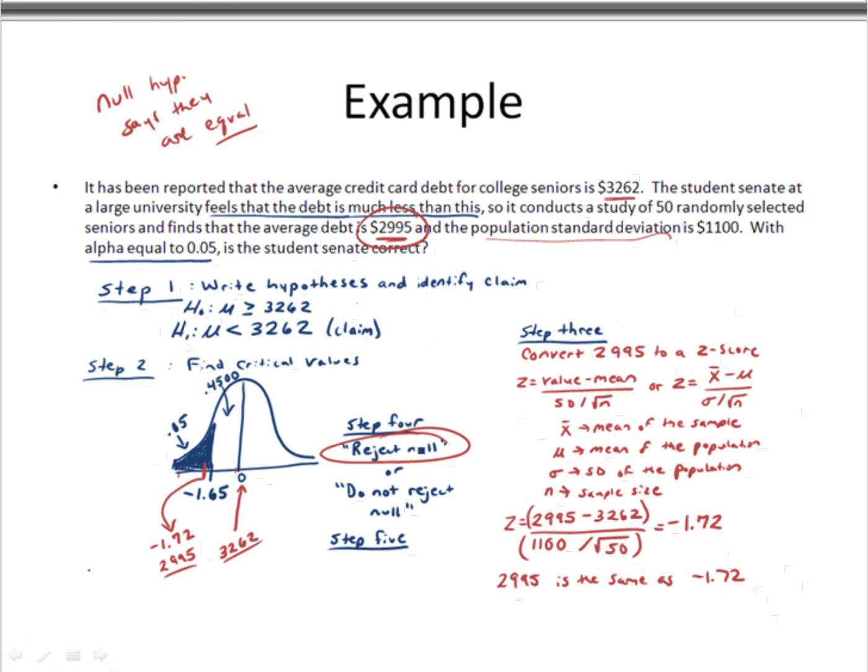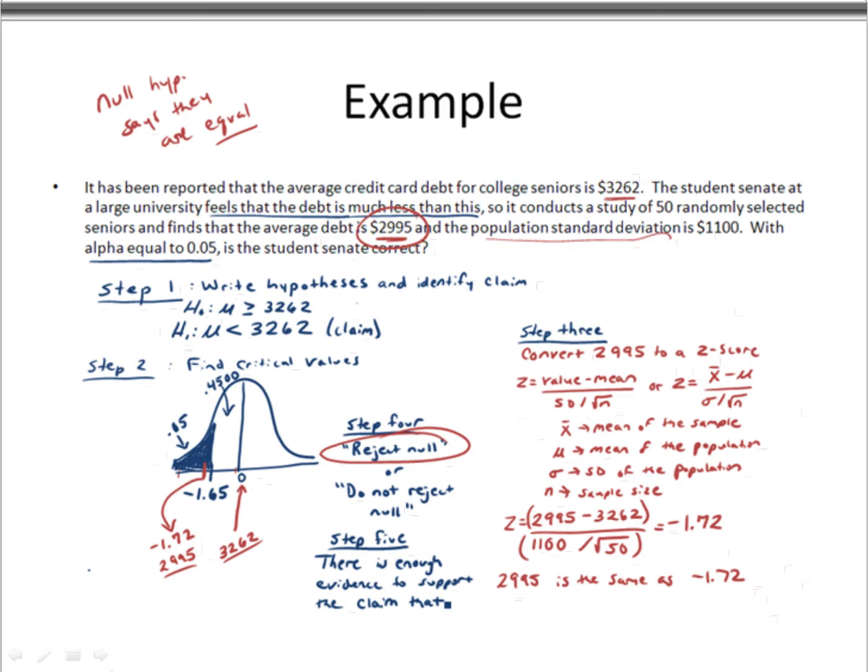We said reject the null, which is going to push us into the bottom left box. And if you look in that box, it should say there is enough evidence to support the claim. And so I'm going to write that down. There is enough evidence to support the claim, and then we're going to finish it up.